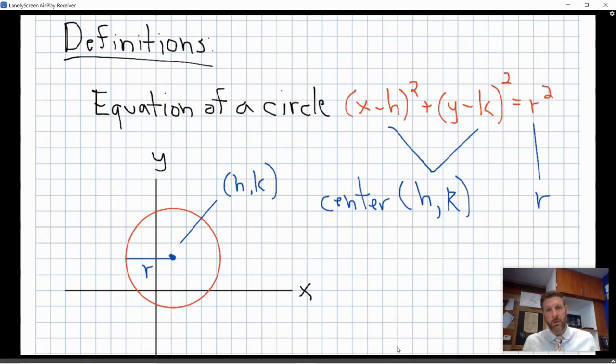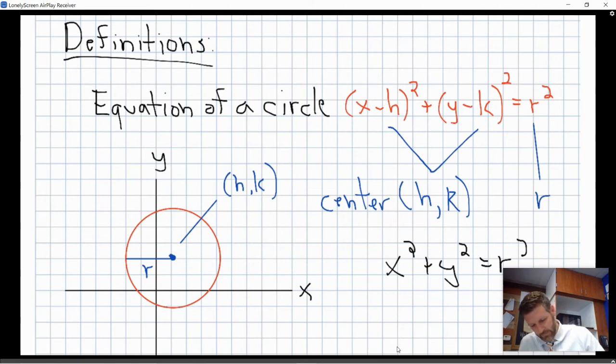When you look at the letters h and k, that is the center of your circle. So the most basic formula would be x squared plus y squared equals, well, maybe not even r squared, equals 1.